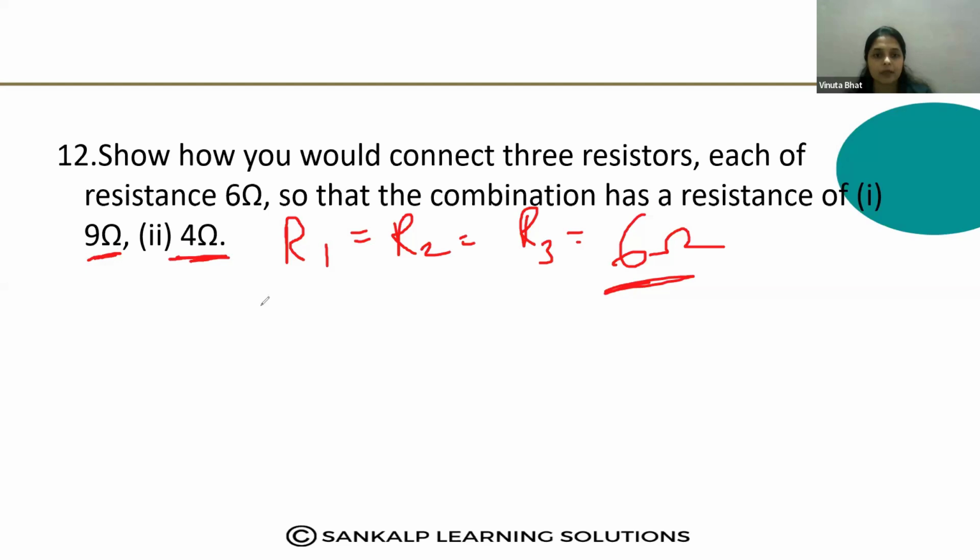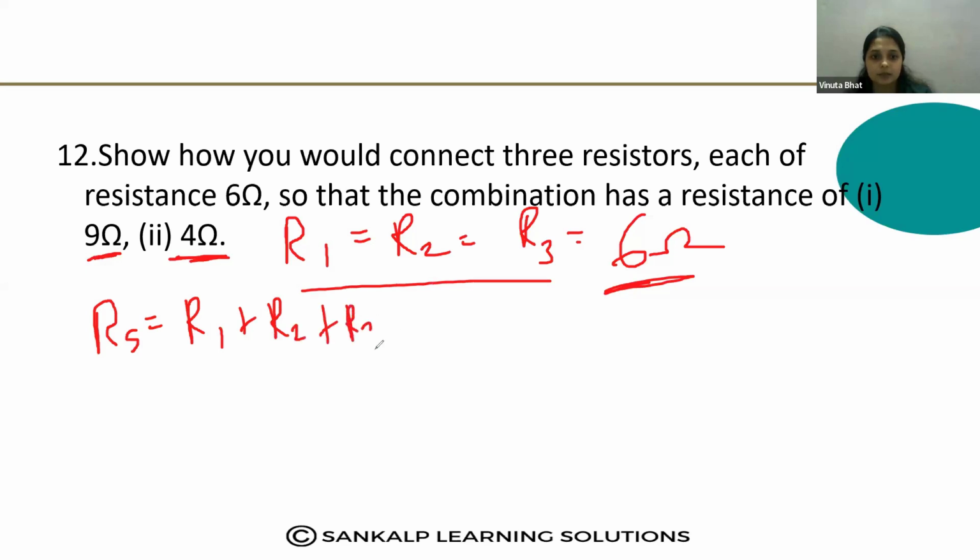Okay. So when it is connected in series, Rs is equal to R1 plus R2 plus R3, that is equal to 6 plus 6 plus 6, that is equal to 18 ohm. Okay.